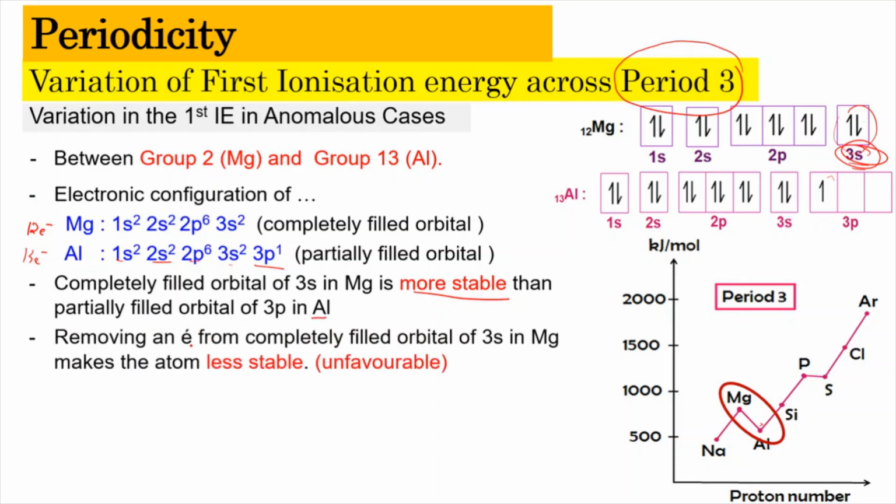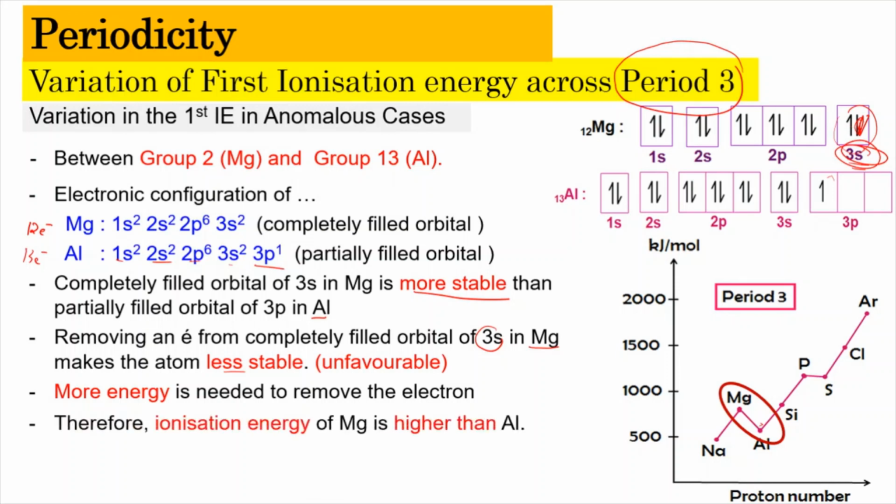Hence, removing an electron from the completely filled 3s orbital in magnesium makes the atom less stable, which is an unfavorable process. Hence, more energy is needed to remove one electron from a stable state. Therefore, the ionization energy of magnesium is going to be higher than aluminium. Alright?